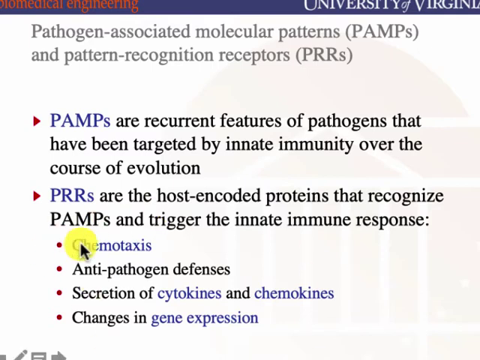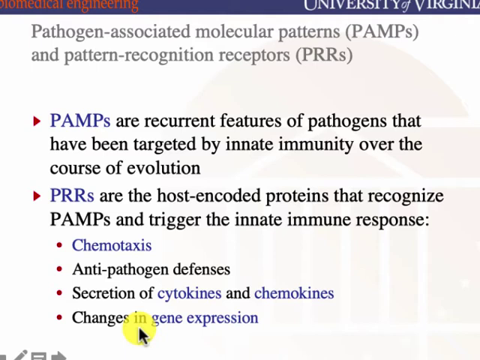That's slightly different from chemotaxis, where, in fact, I think Dr. James showed a video of a neutrophil undergoing chemotaxis and following a bacteria, right? So that's a scenario where the bacteria itself is generating something that's a chemotactic factor. In the case of a chemokine, that's a protein that's being made by the immune system to call other immune cells to the area, okay?